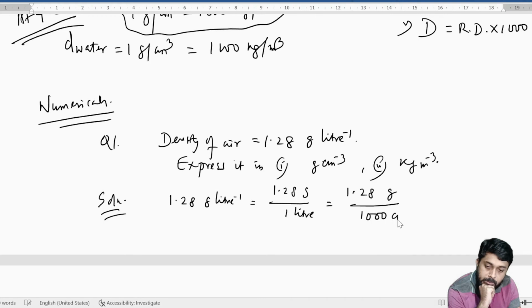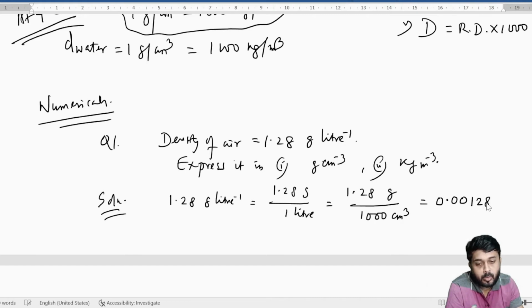1000 centimeter cube. Okay, so you're getting 0.00128 gram per centimeter cube.